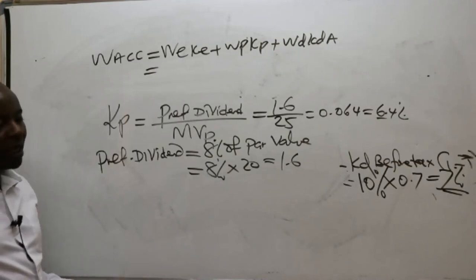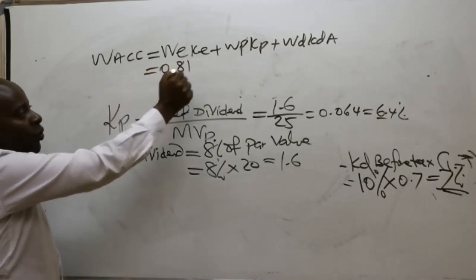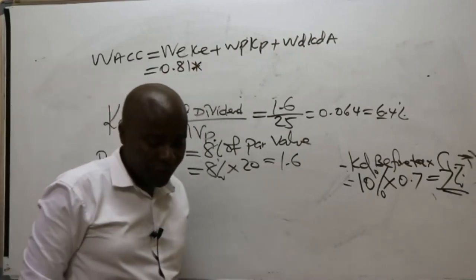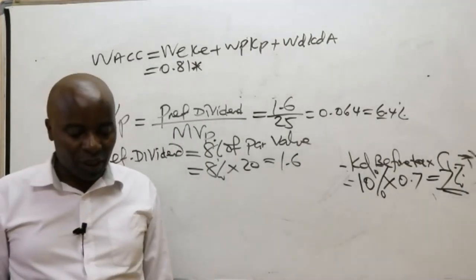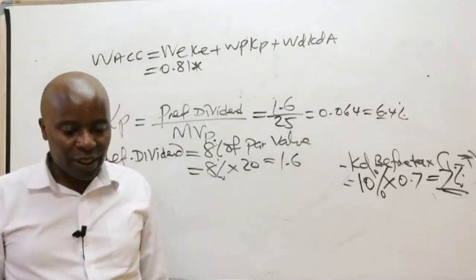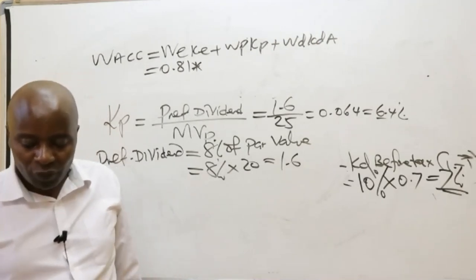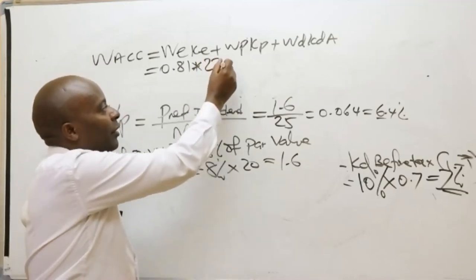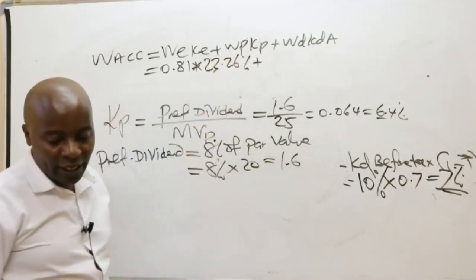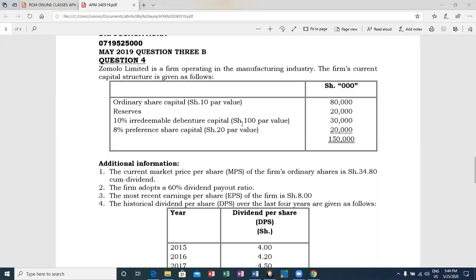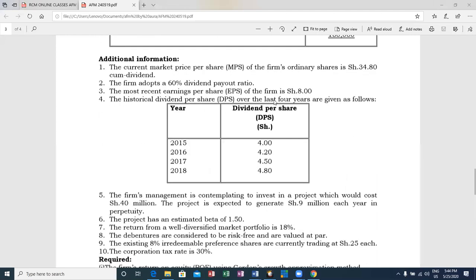So weight of equity, if I remember well, we got 0.81. How about cost of equity? I can't remember these figures. If you could just go back a little bit, it was a figure of 23 point something. Cost of equity, yes, 23.26%. Plus weight of preference, was it 0.1?